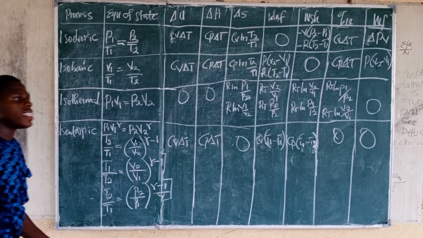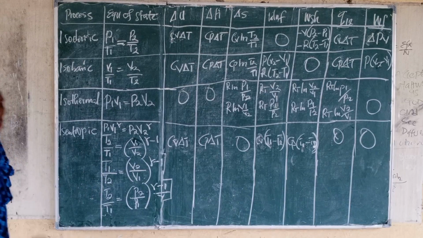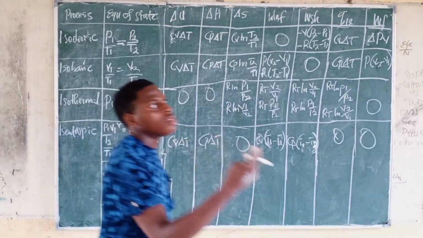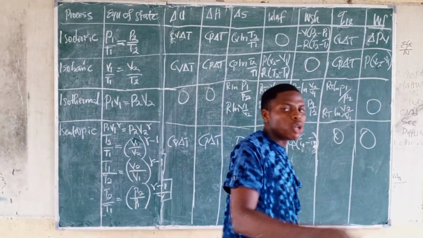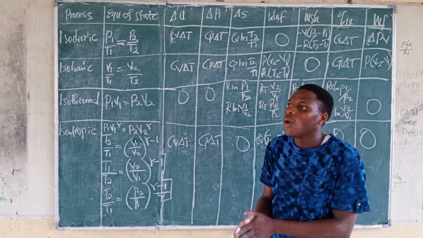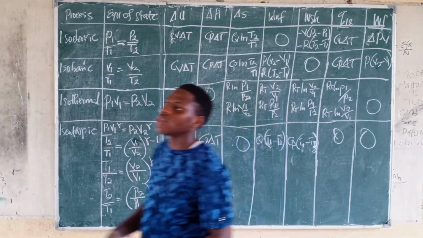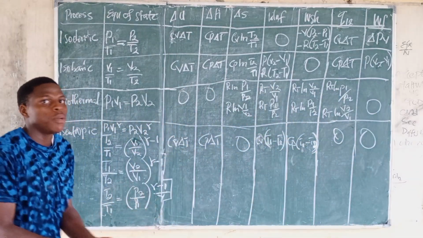Now for the polytropic, I said when your polytropic constant is equal to a certain number or is infinity, it is any of these processes. That's why we are not considering the polytropic process.